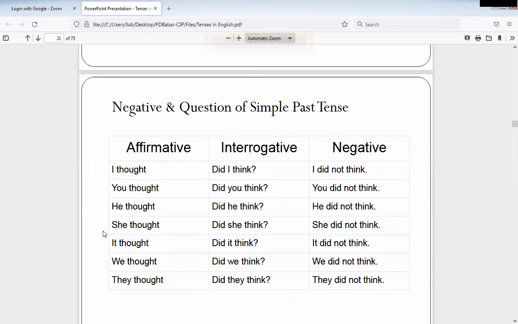So if I thought is the affirmative, then its negative will be I didn't think, or I did not think, and its interrogative is did I think? Then if you thought is the affirmative, its negative is you did not think, and its interrogative will be did you think?